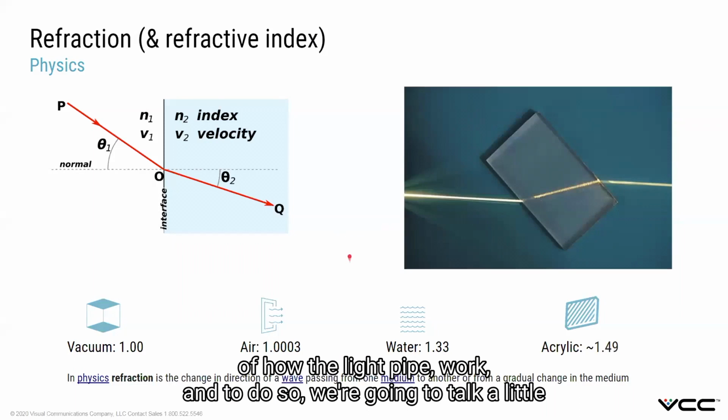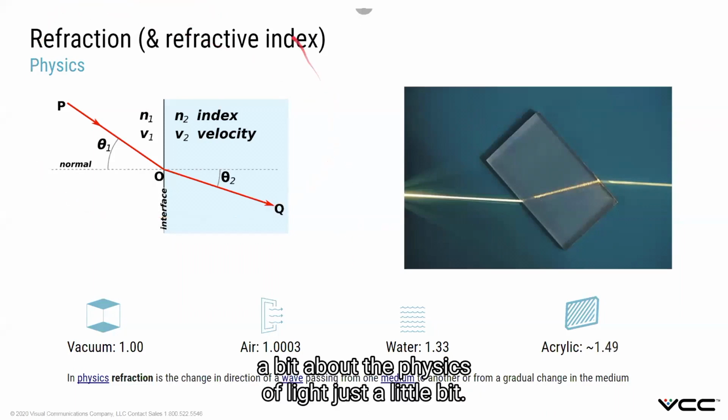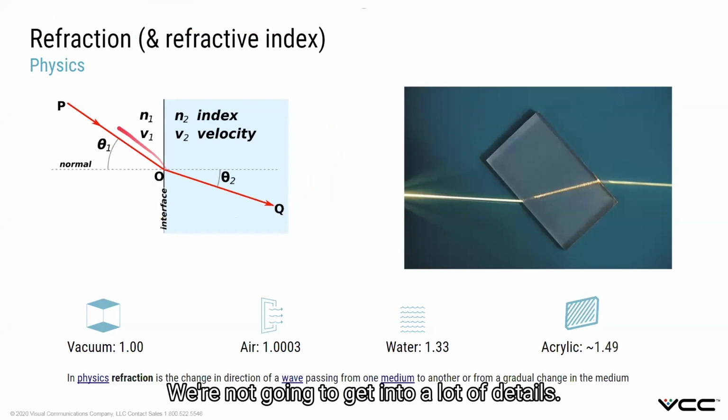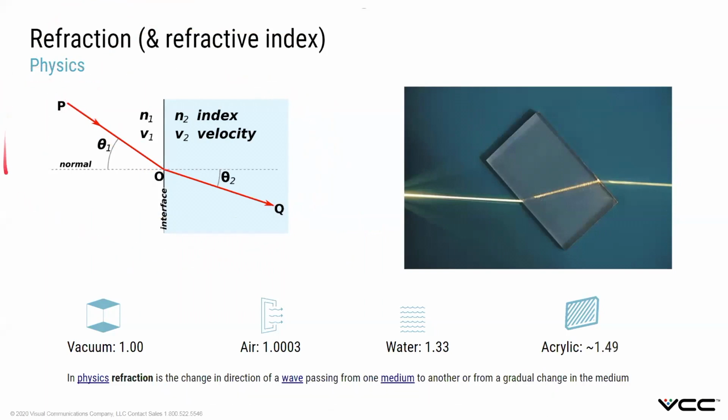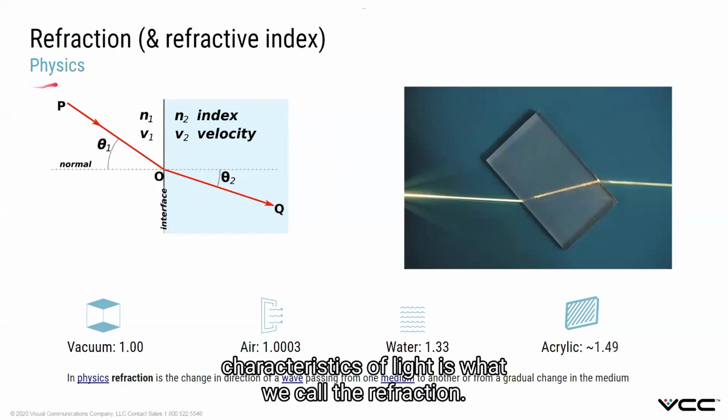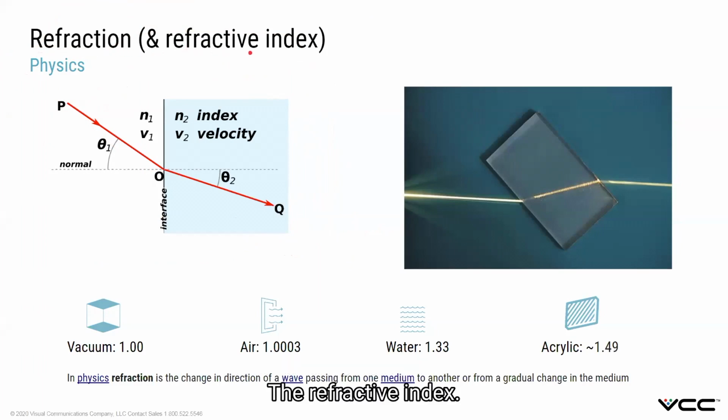To do so, we're going to talk a little bit about the physics of light, just a little bit. We're not going to get into a lot of details, but one of the important characteristics of light is what we call the refraction, hence the refractive index.